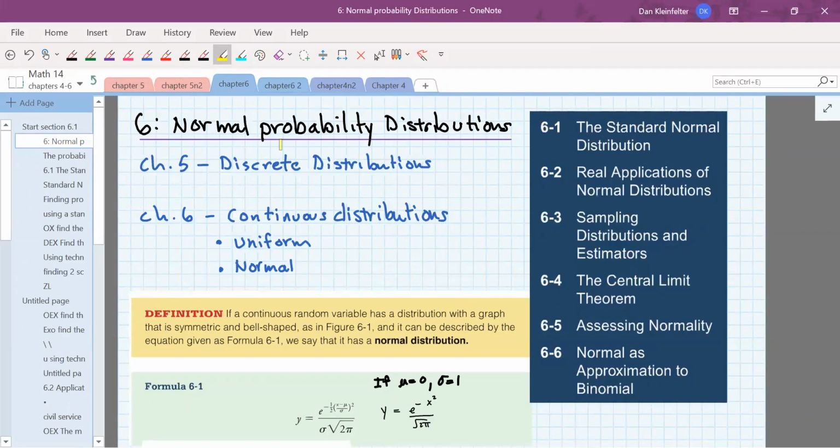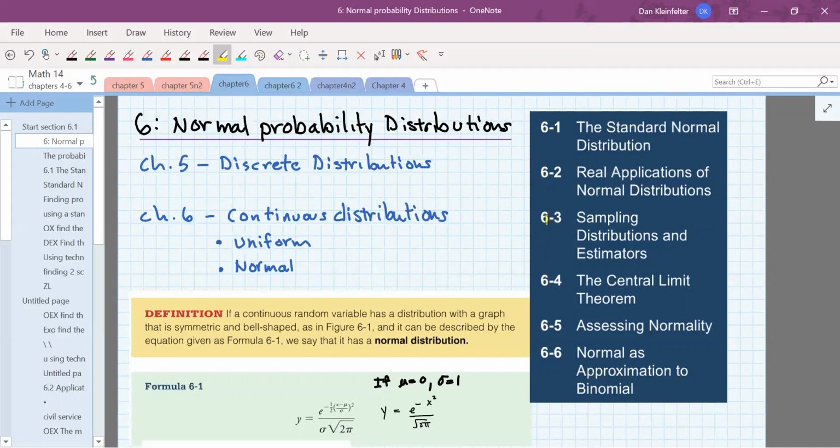Basically, normal distributions, we'll be looking at basically the bell curve that led us to the empirical rule, the 68, 95, 99.7% rule. Section 6.1 introduces it and how to use what's called a standard normal table. 6.2 will be basically story problems or applications of this normal distribution.